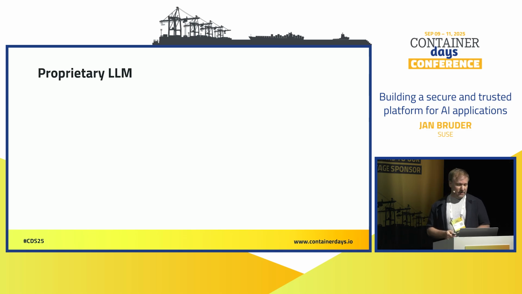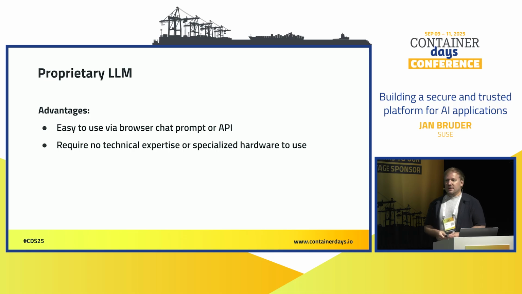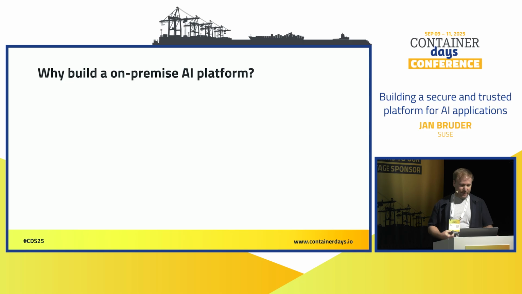What are the advantages? Of course, it's very easy to use. You don't need any technical prerequisites, you just need a browser to use them. You also don't need any technical expertise of how to run LLMs, and you don't need any specialized hardware. So that makes it really easy to consume these services.